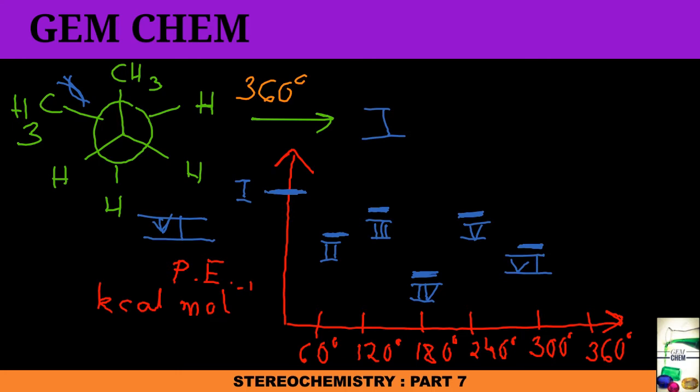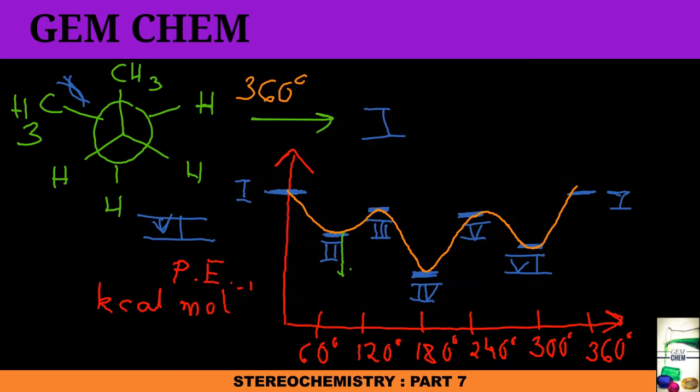And ultimately on 360 degree rotation we get 1 back. So if we draw now, it will be like this. This coming here, going further down, this comes here and ultimately here. And if we know the energies, it will be like this.